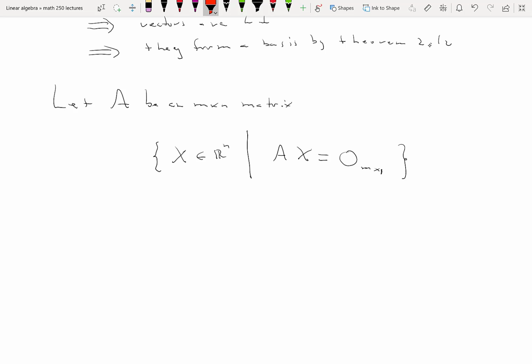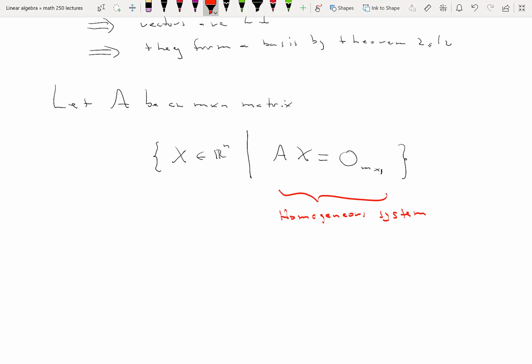This is nothing more than the set of all homogeneous systems with A as its coefficient matrix. So it's really the set of all homogeneous systems. Since I didn't specify what m and n were, this is just a set of all homogeneous systems of linear equations.